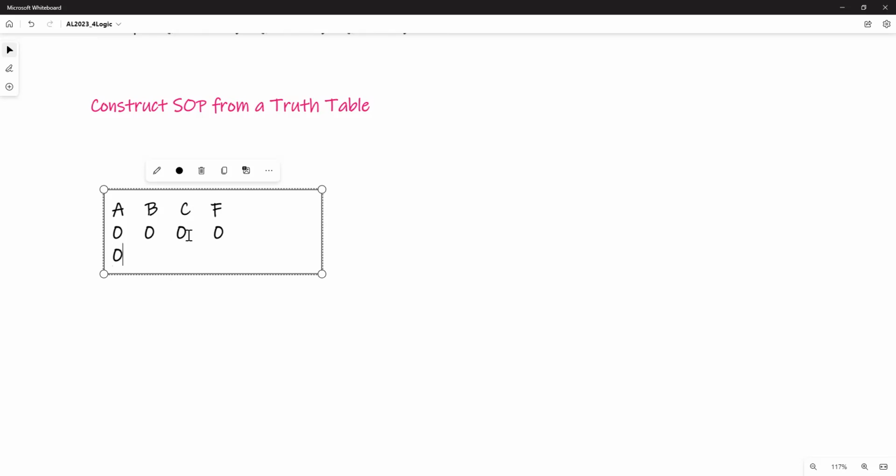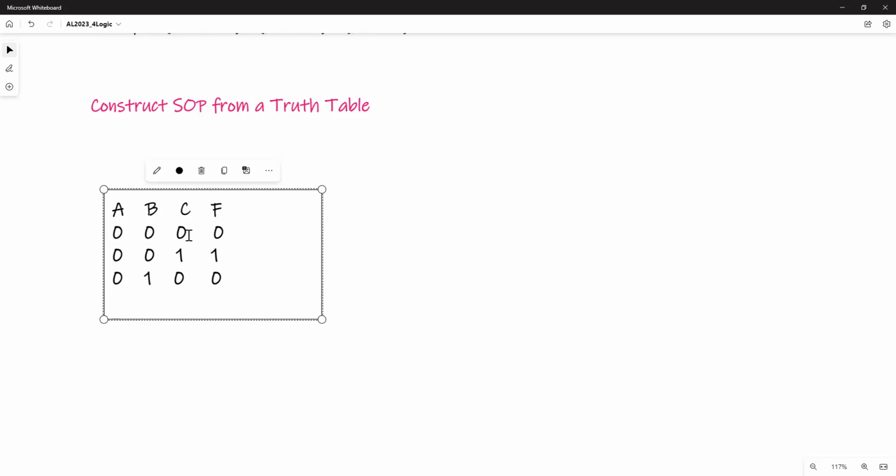Then we have 0, 0, 1, F, let's say 1. Then 0, 1, 0, F will put 0.